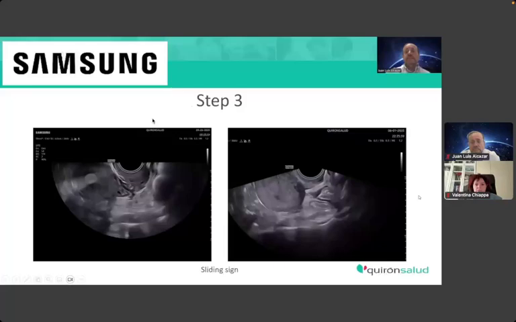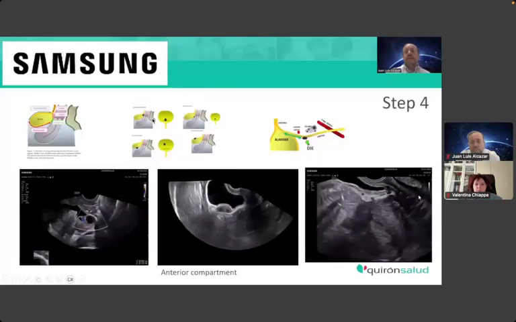And finally, step 4. In step 4, we have to look for specific nodules in both the anterior compartment and the posterior compartment. The anterior compartment, as you all know, implies the bladder, the trigone, the base, the dome, and the extraperitoneal part of the bladder, also the urethra and the ureterovaginal space.